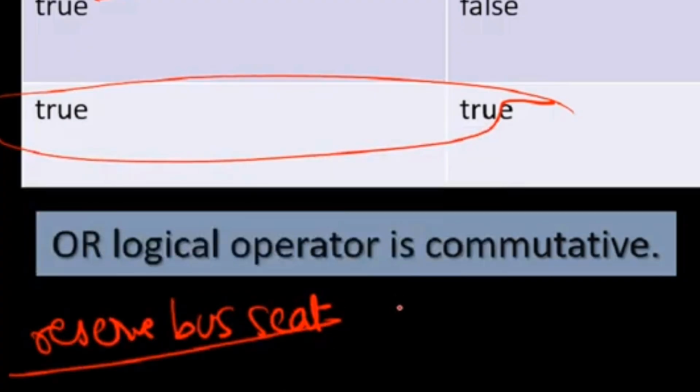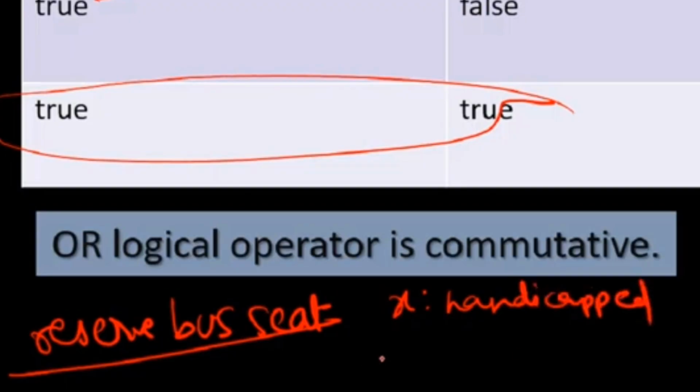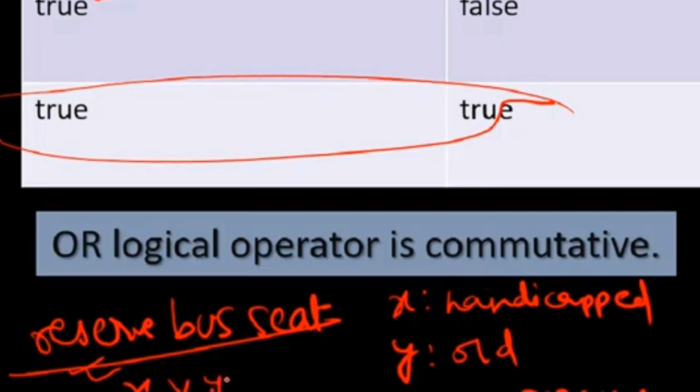And there are propositions like, let's suppose, X is handicapped, Y is old, and Z is woman. Then I just want to know whether someone is eligible for a reserved bus seat. In that case, X OR Y OR Z will make sense. This combination will make sense.